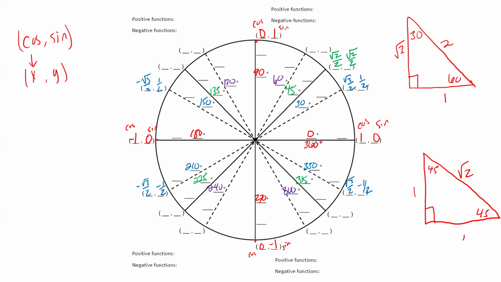So as I go around my unit circle, filling in all the angles that have a reference angle of 45, it's going to be the same, but I have to pay attention to the signs. So we now have a negative square root of 2 over 2, positive square root of 2 over 2. Negative square root of 2 over 2, negative square root of 2 over 2. Positive square root of 2 over 2, negative square root of 2 over 2.